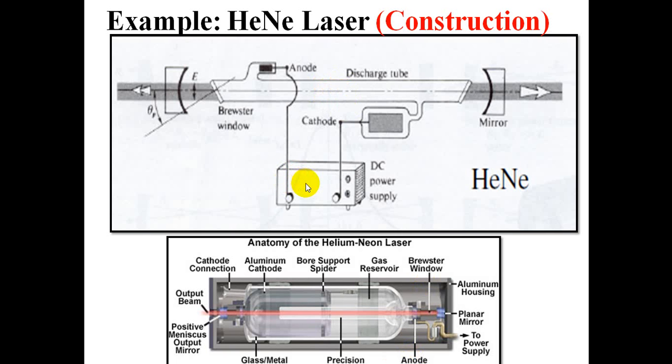Helium neon gas laser is pumped by electrical discharge. Electrons in the discharge tube are accelerated by the electric field between the electrodes.